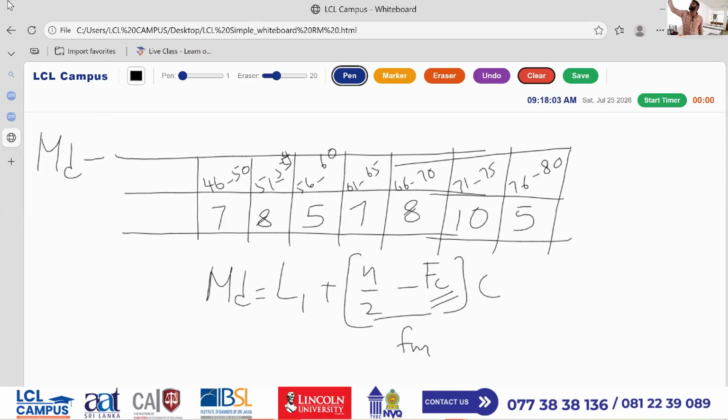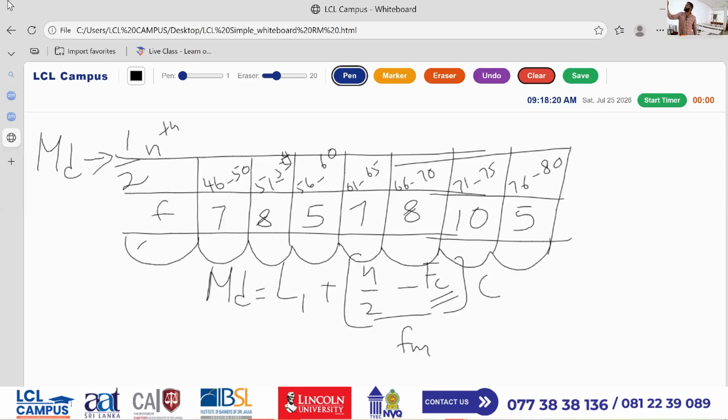The median class is the half-n-th class. To find n, take the cumulative frequency in the same column: 7, 15, 20, 27, 35, 45, 50.